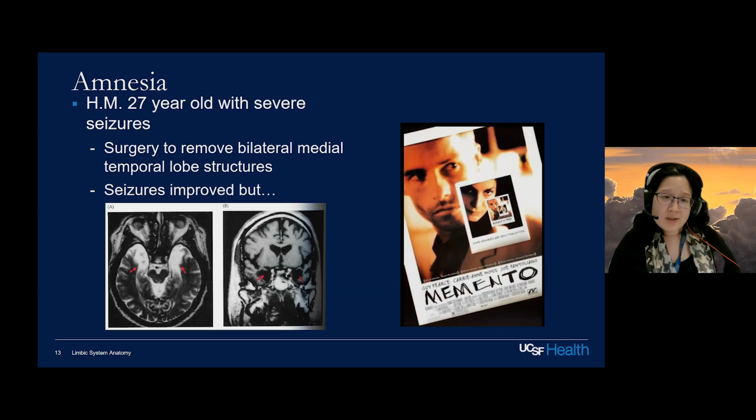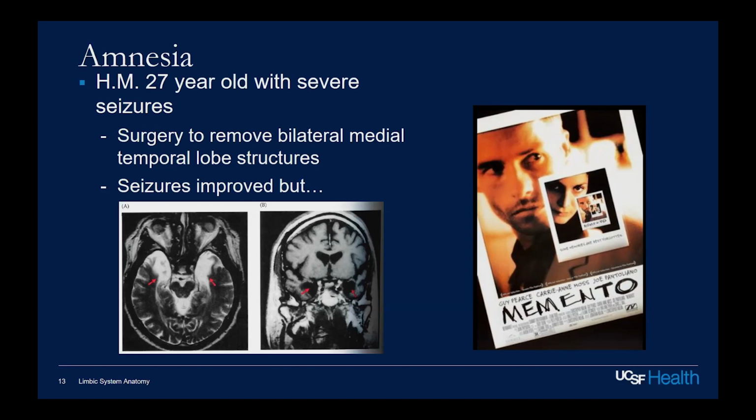He had severe refractory seizures and had surgery to remove both sides of the hippocampi and also the medial temporal lobe structures. His seizures definitely did improve after the surgery, but then he could no longer form memories or remember new experiences after 5 minutes.